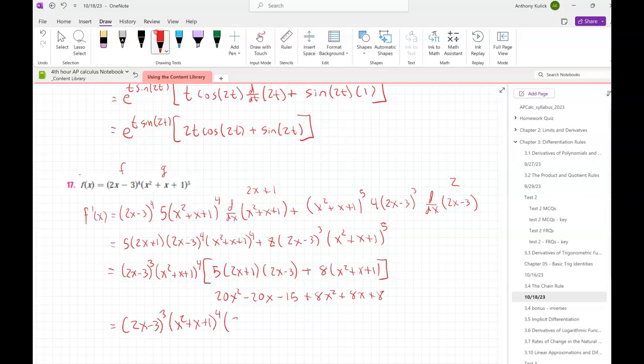So that's going to give me 28x squared minus 12x minus 7. I wonder if that's what they got. Yeah, for some reason when I factored out the x squared plus x plus 1 before, I didn't take it all the way out on one side, so I was messing up my FOIL. Yeah, it's nice that the piece with the 2x plus 1 didn't have any x squared plus x plus 1, so you didn't have a triple FOIL, which stinks. But that ought to do us. Okay, that's good.